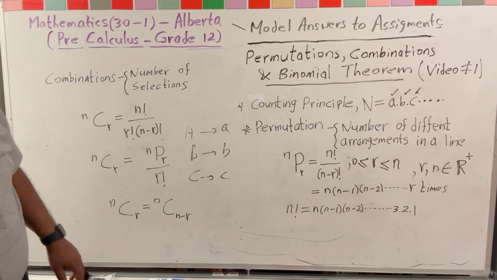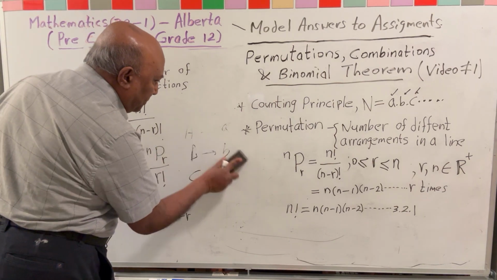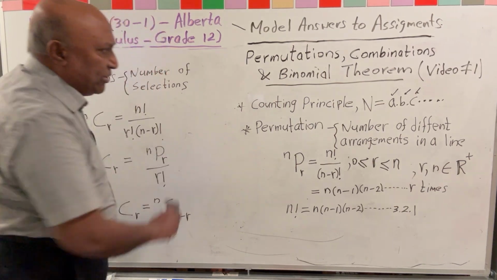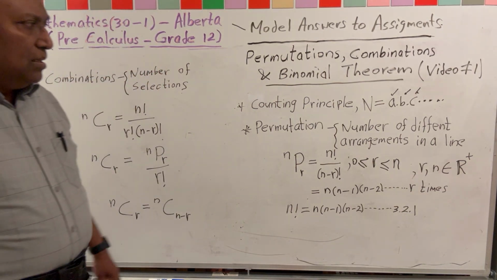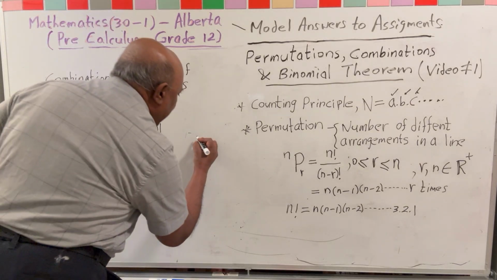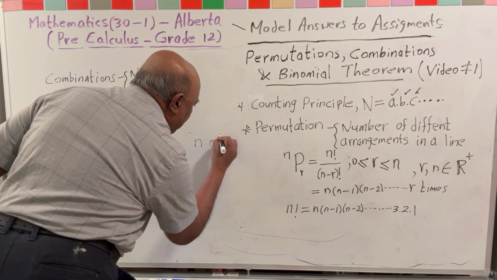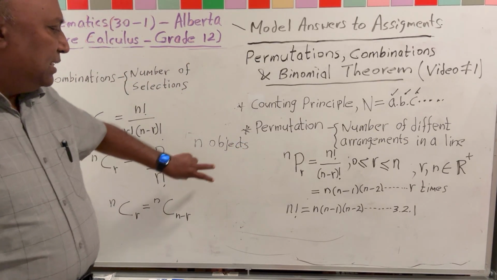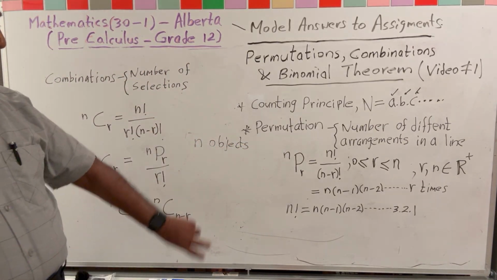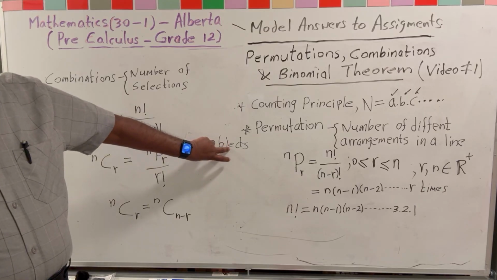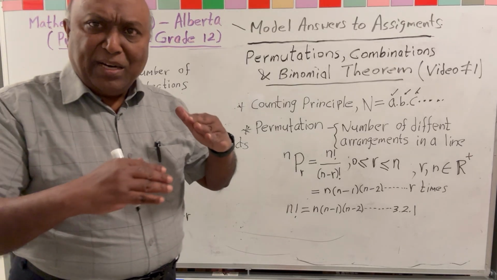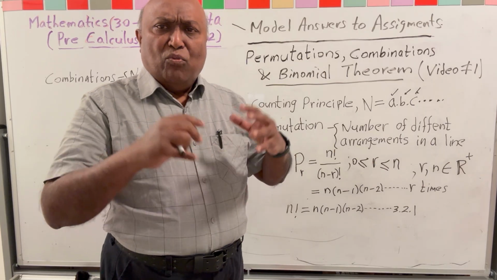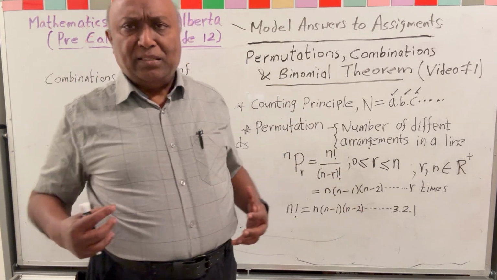After that, permutation. What is permutation? Say there are n objects. First of all, let's consider n different objects. Out of these different objects, say we want to select only R objects.